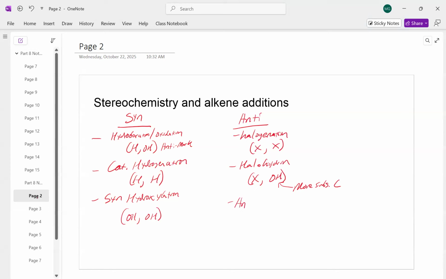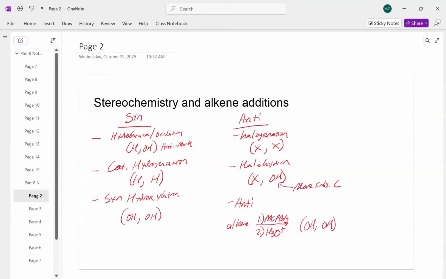And then we talked about anti-hydroxylation, which was that two-step process of starting with an alkene and making it an epoxide by reacting with MCPBA and then doing an acid catalyzed ring opening. That would add an OH to both sides.